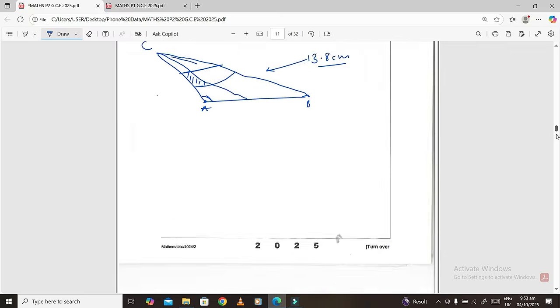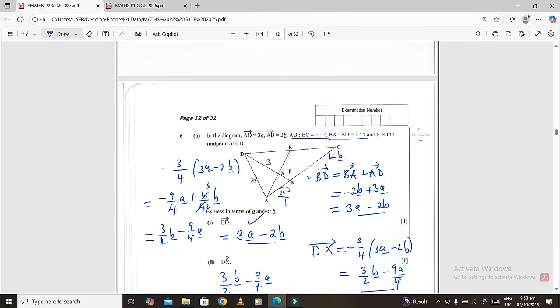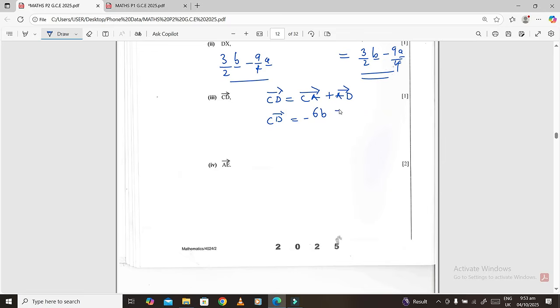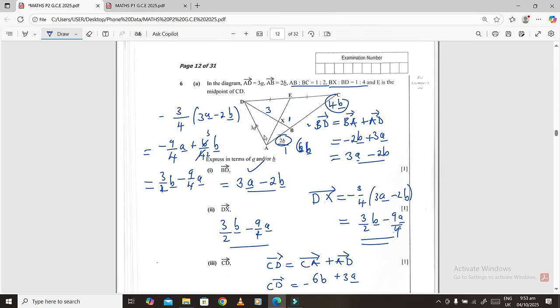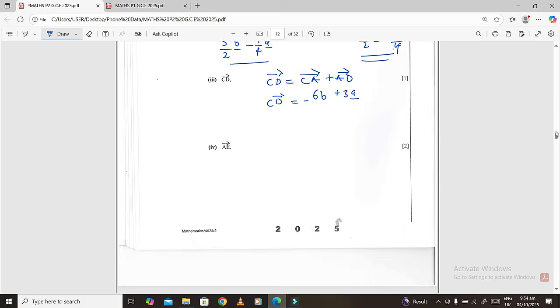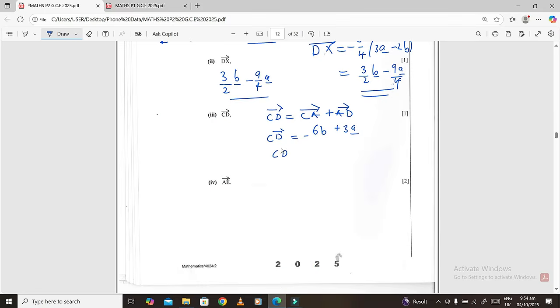So why have I put negative 6B here? It's because we've got this 2B plus a 4B, which will give us a 6B. And the reason why we're getting this as a negative is that here we have AC, but what we want to use is the opposite, CA. That's why I'm including the negative sign here. And then plus 3A. We know that our AD is 3A. So CD is equal to 3A minus 6B, our answer.